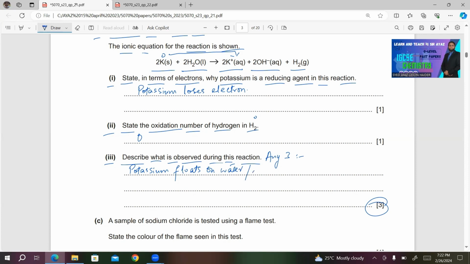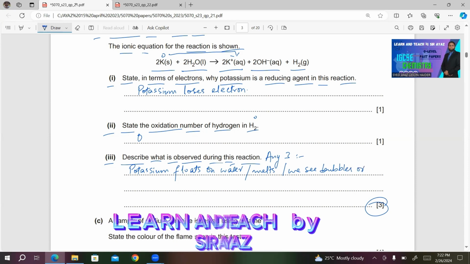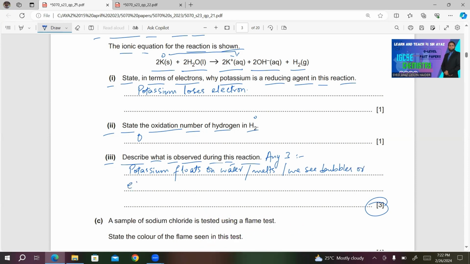You can write potassium melts, or we see bubbles or effervescence, or potassium forms a colorless solution.